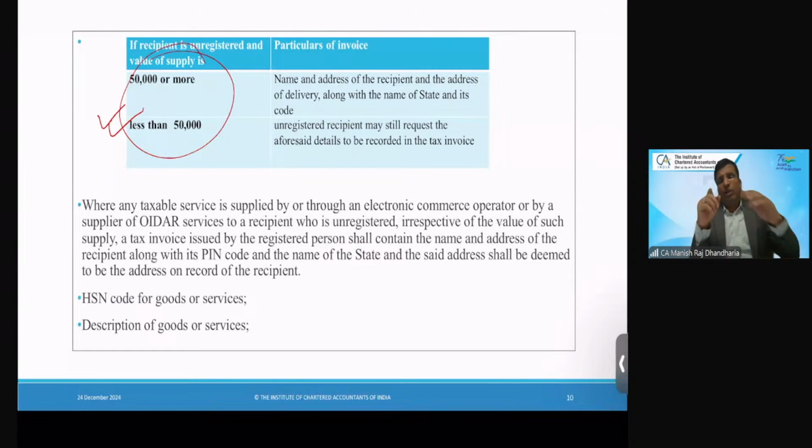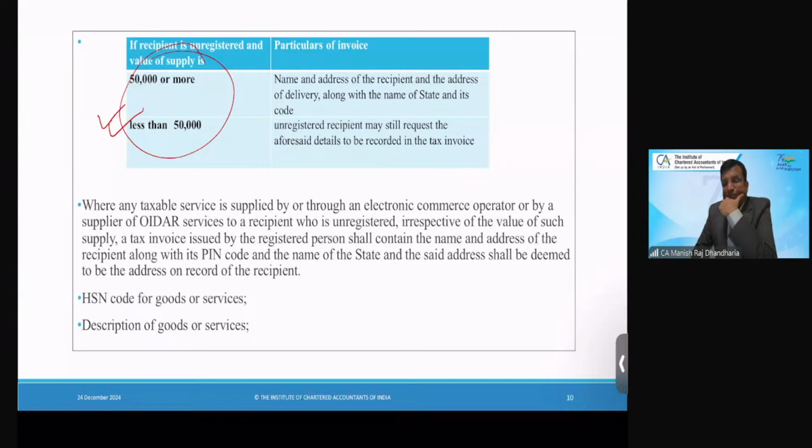Okay. Acha, one more thing before going further. Do you know why it is important to mention the pin code and the state? I have said earlier also, I am saying again here also. Why it is important? Someone please on chat box. Someone is saying for CGST, IGST claim.